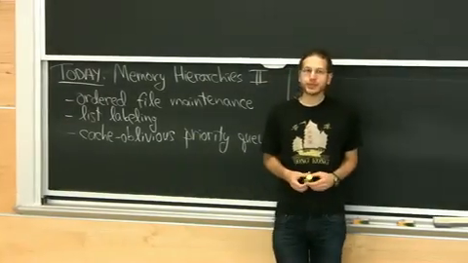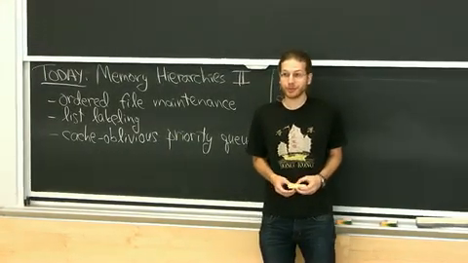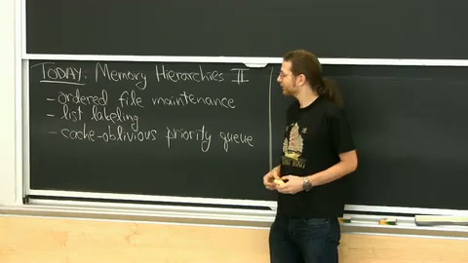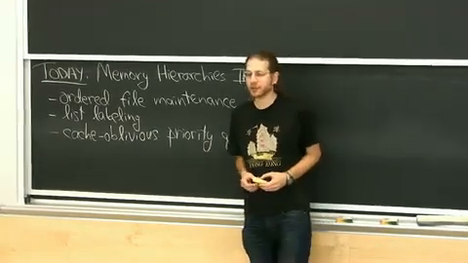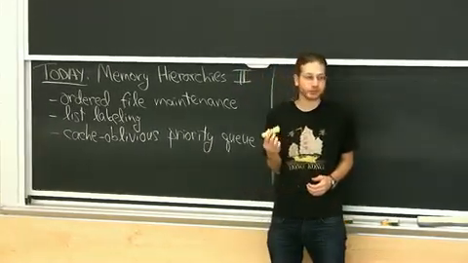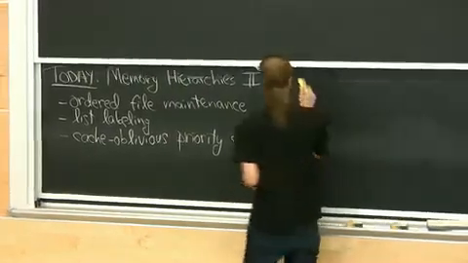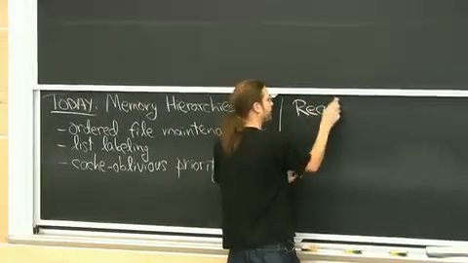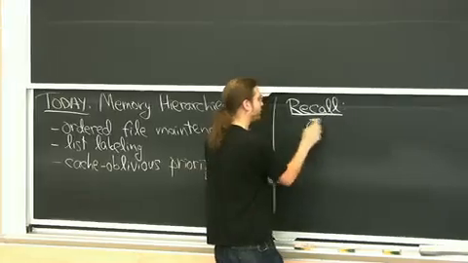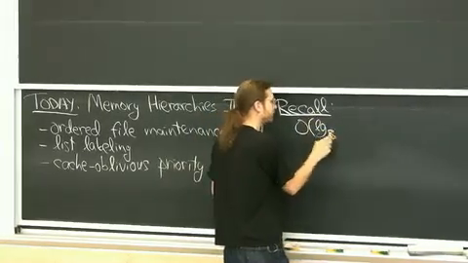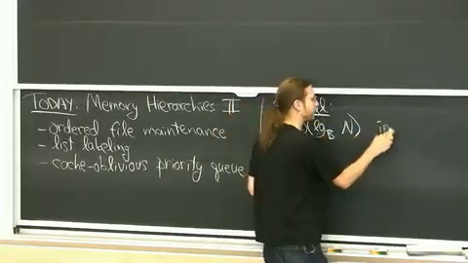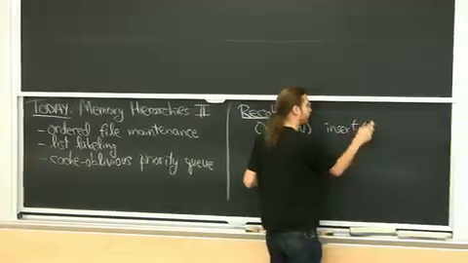All right, today we resume our theme of memory hierarchy efficient data structures. And last time we saw Cache-Oblivious B-trees, which achieve log base B of n for all operations: insert, delete, search.